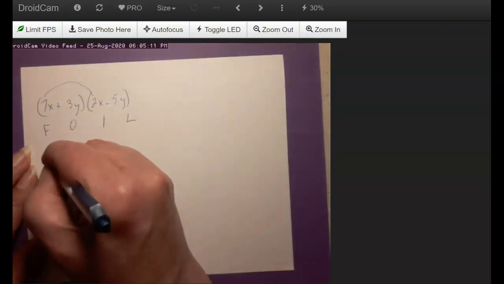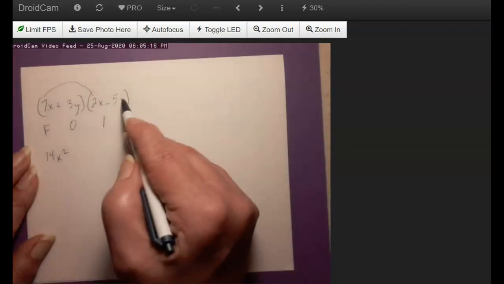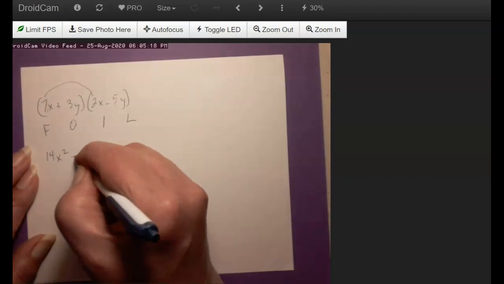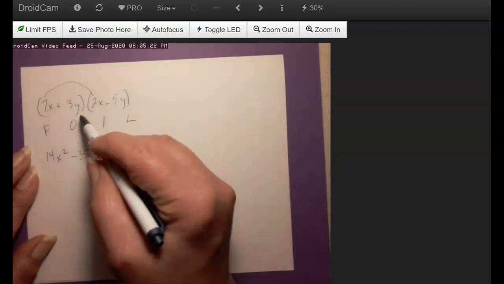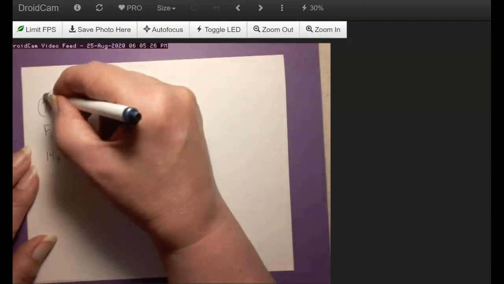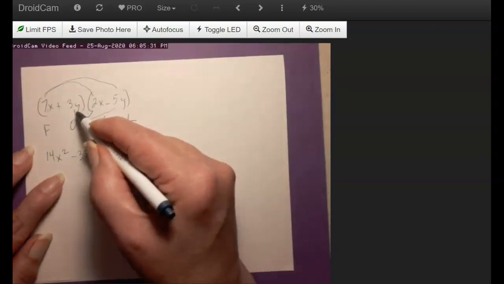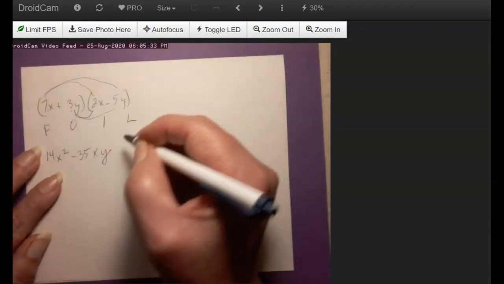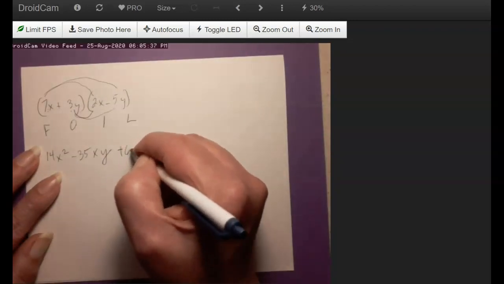7 times 2 gives me 14x squared. The outer would be 7x times a negative 5y, which would be negative 35xy. The inner is these two. So first, outer, inner, and last is what we're doing. So I'm on the inner part, so 3y times 2x, and I usually put these in alphabetical order, but it's not necessary, plus 6xy.